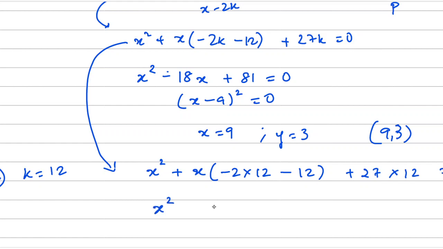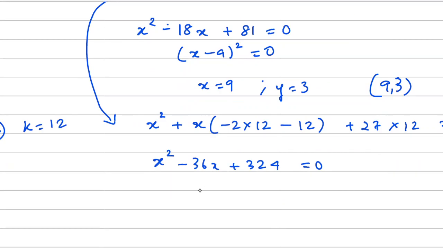So that is x square, this is minus 24 minus 12 is minus 36, and 27 times 12 gives plus 324. So when you factorize this, it is going to be x minus 18 the whole square is equal to 0. So x is equal to 18.